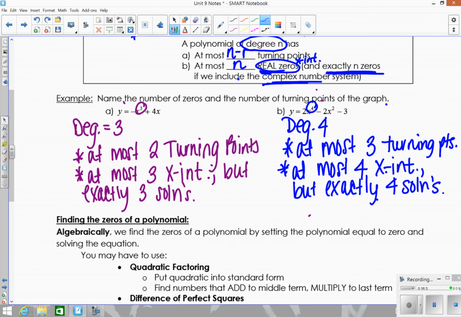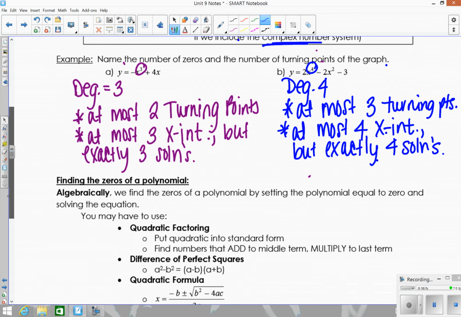Because remember, our solutions include the complex numbers. So if you were to set this equation equal to 0 and solve it, you should be getting 4 answers. Now, some of them, you might get 2 that are complex numbers, because remember, they have to occur in conjugate pairs, which means that you would only have 2 x-intercepts, or 2 real numbers, meaning 2 x-intercepts.